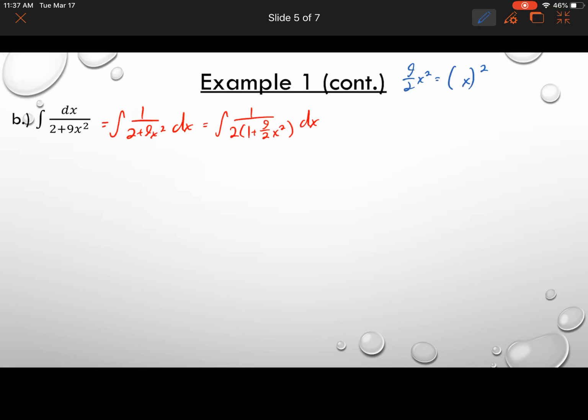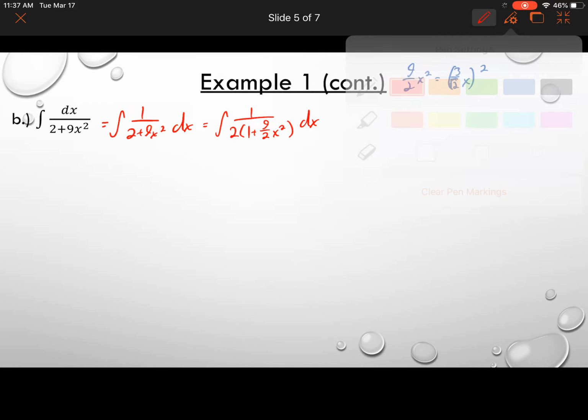The 9 is just going to be a 3, because 3 squared is 9. And the 2 is actually going to be a little bit tricky. The 2 is going to become a square root of 2, because square root of 2 squared is 2. So that's going to be our new term on the inside of that parentheses.